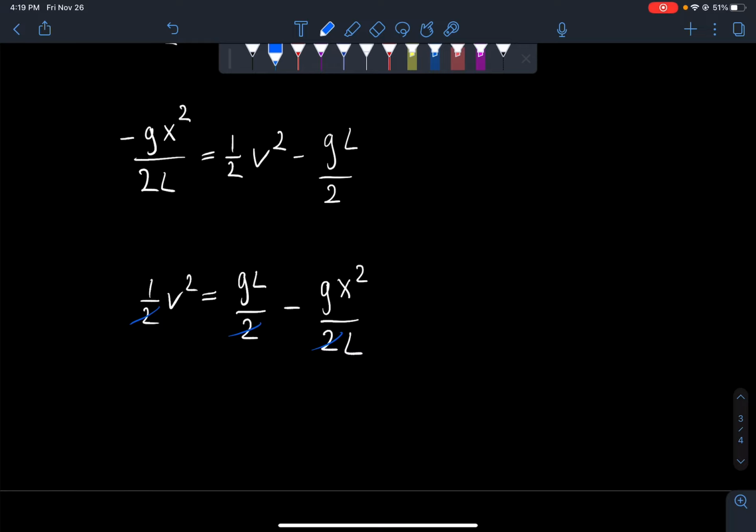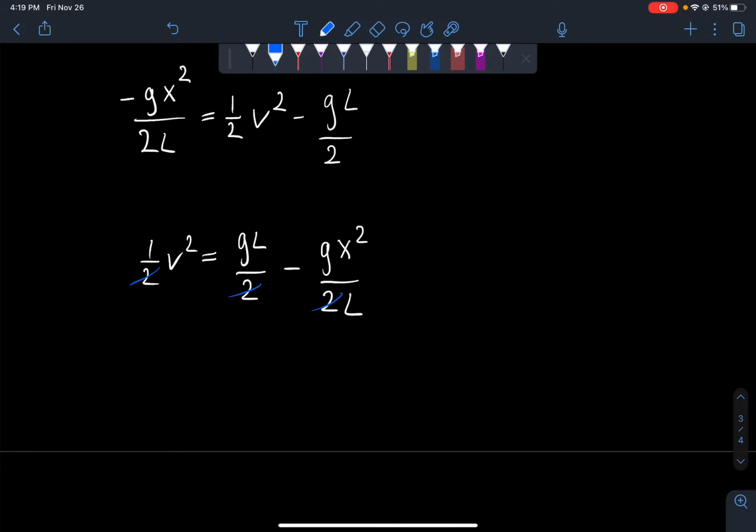And then the last step is to just take the square root to solve for v. But at the same time, I'm also going to factor a g out just to make the calculation slightly easier.